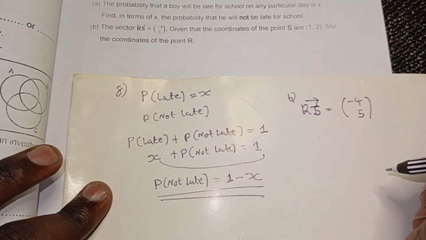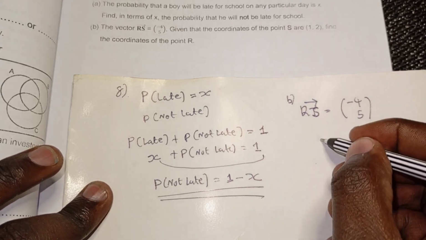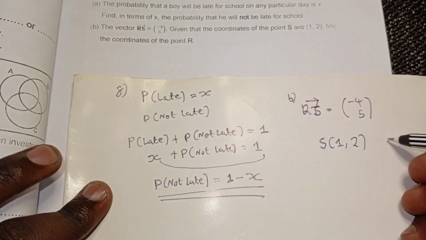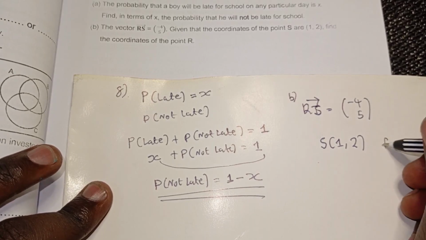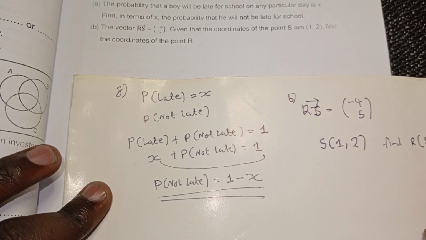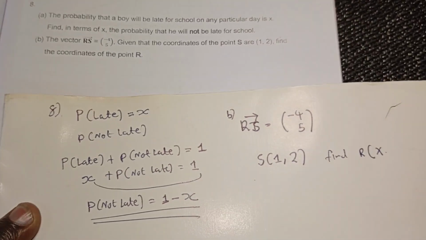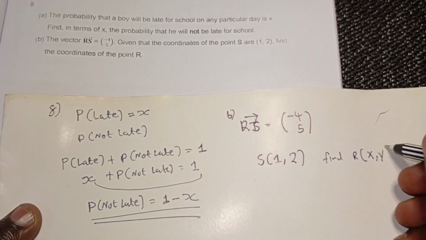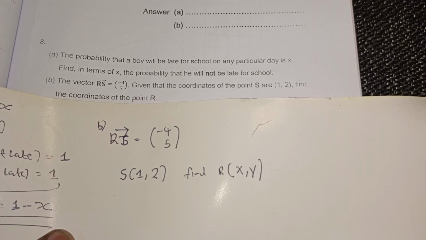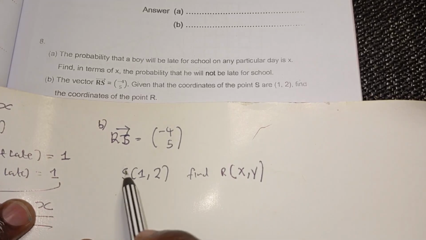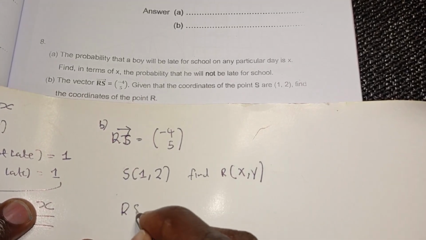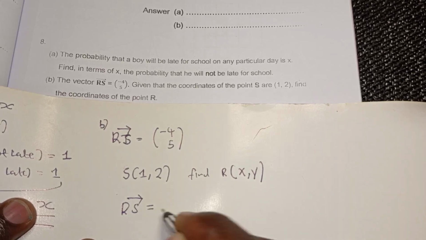Given that point S has the coordinates (1, 2), find the coordinates of R. So for R, we're looking for its x value and its y value. Let's see how we can do this one. All right, so we're going to say vector RS is simply equal to what?